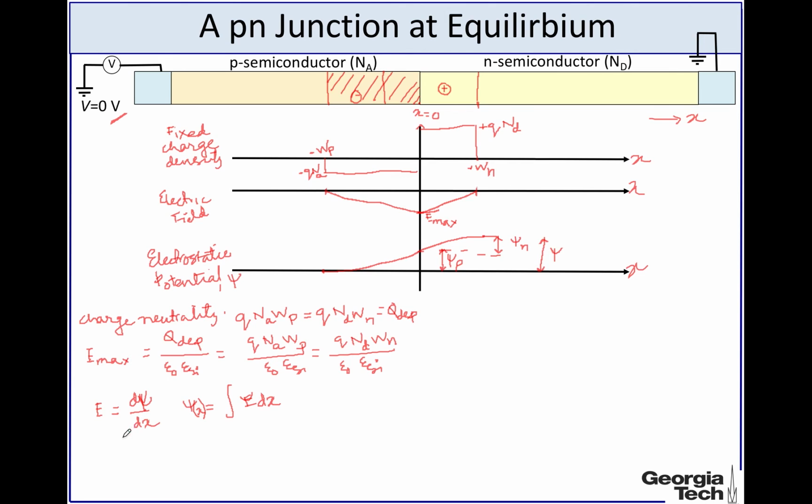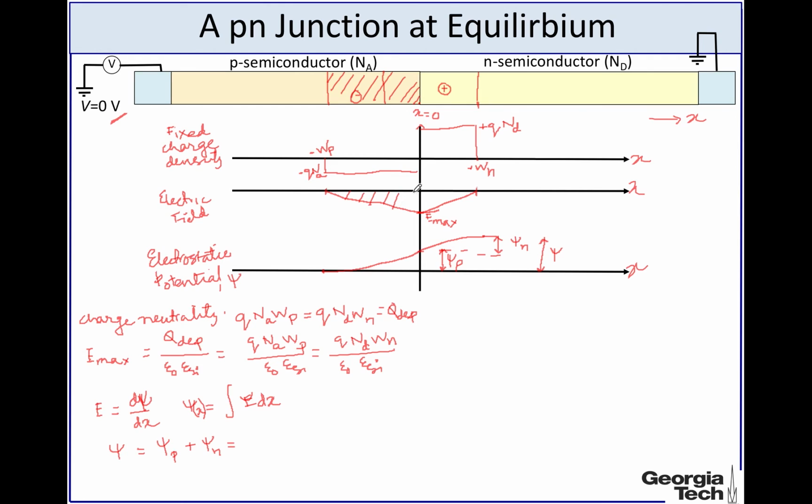This is psi, and psi is simply psi p plus psi n, and this is equal to, so now what is psi p? Psi p is basically the integration of the field in the p side.